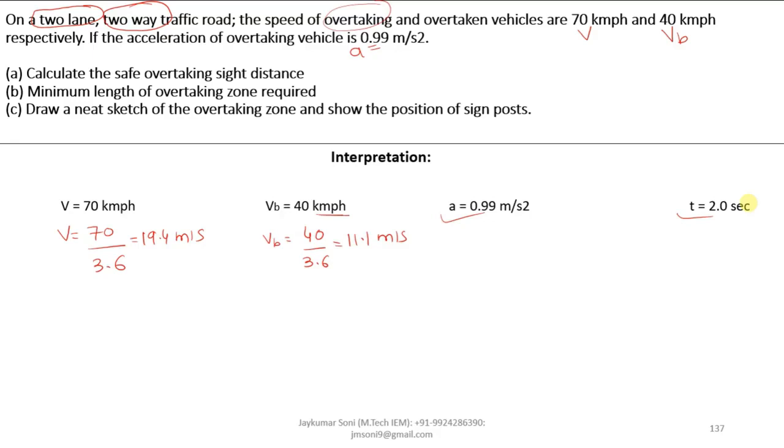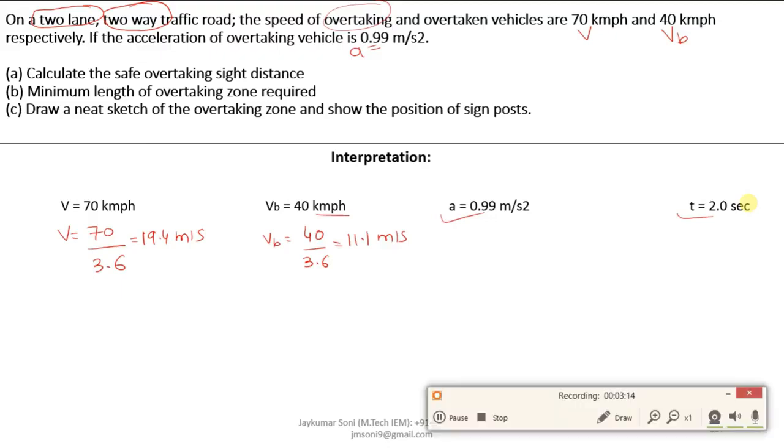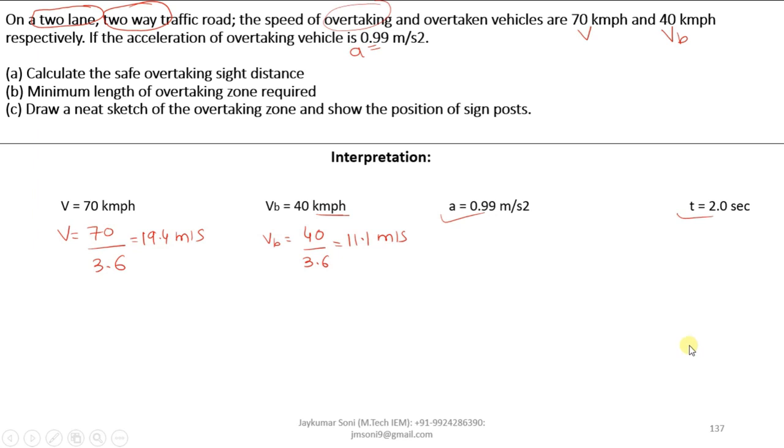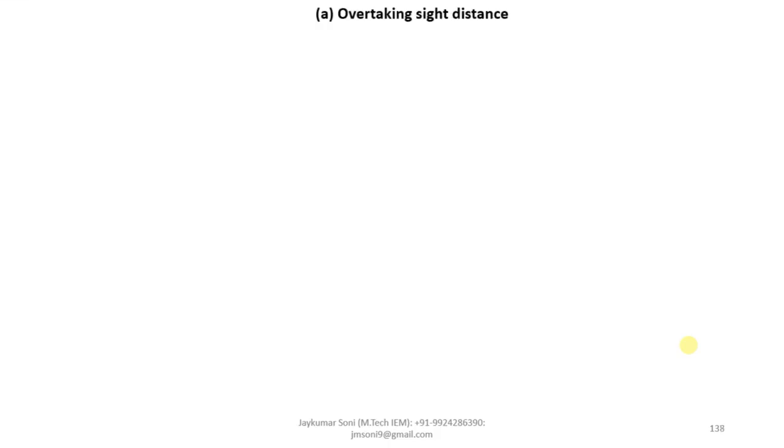Let us calculate how the example can be solved. In this example we need to calculate three things. First is the safe overtaking sight distance. Let us calculate it. The equation for D1 is small vb into t.